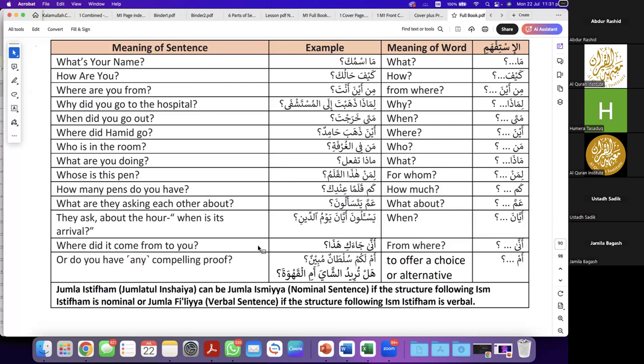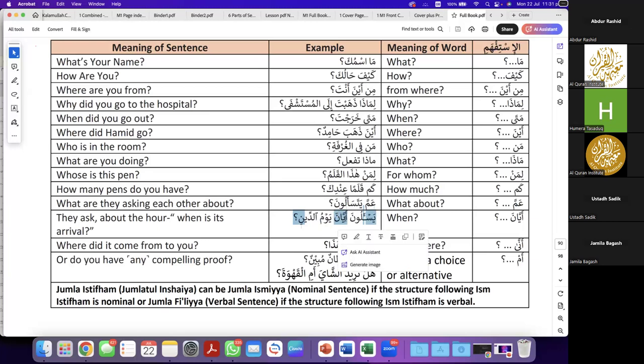We have next ayyana, when. Yas'alunaka ayyana yawmuddin. They ask you about the hour. When is its arrival? So the question is ayyana yawmuddin. They ask you about the hour.